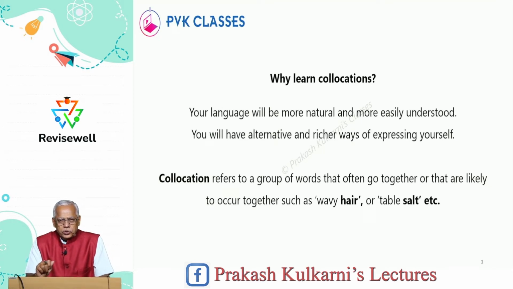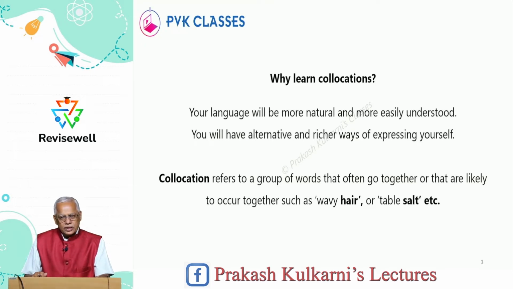Now, why should we learn collocation? The answer is your language will be more natural and it will be more easily understood by the listener. And you will have alternative and richer ways of expression in communication with others.